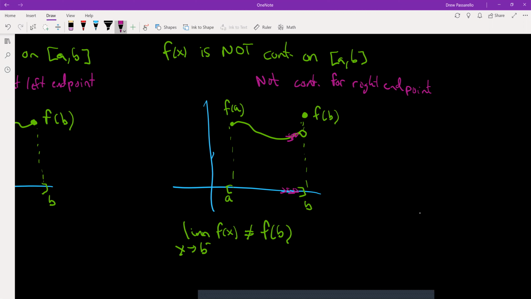And since it's a hole, it's not defined at that particular value. In fact, it's defined up here with this closed dot. So this is where the limit is. This is where it's defined, where the function f is defined. So the limit doesn't equal where it's defined at b.